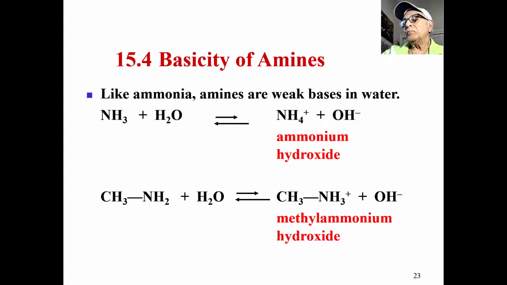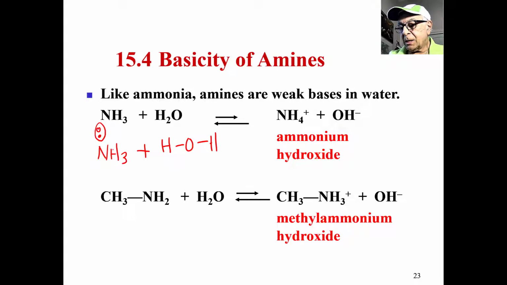Okay. Do you remember when we talked about ammonia previously, we said ammonia has a lone pair here. And if you look at the definition of acids, we define this as a Lewis base.